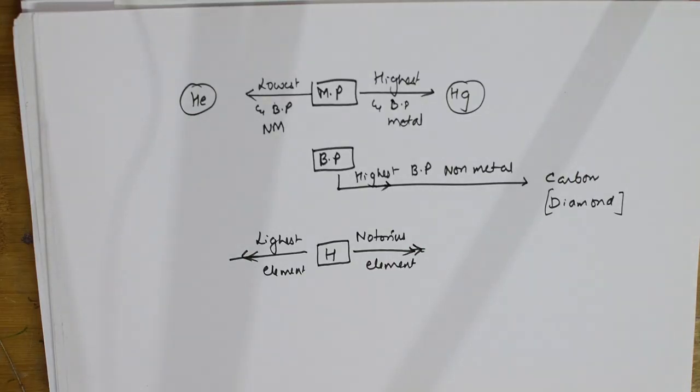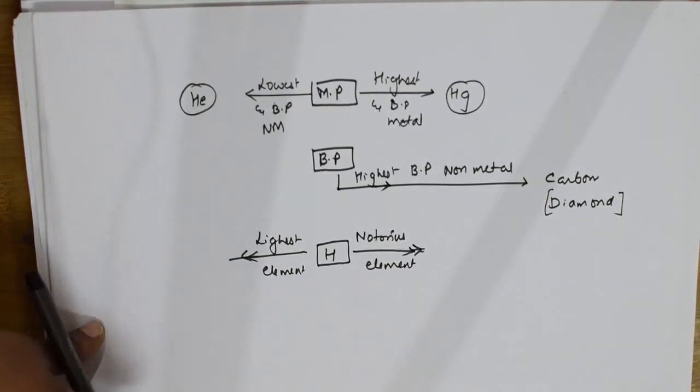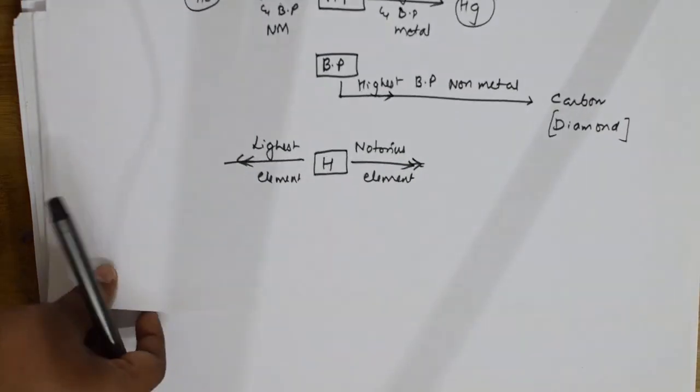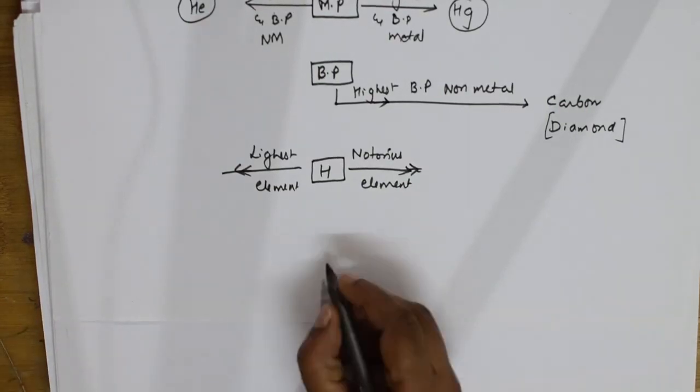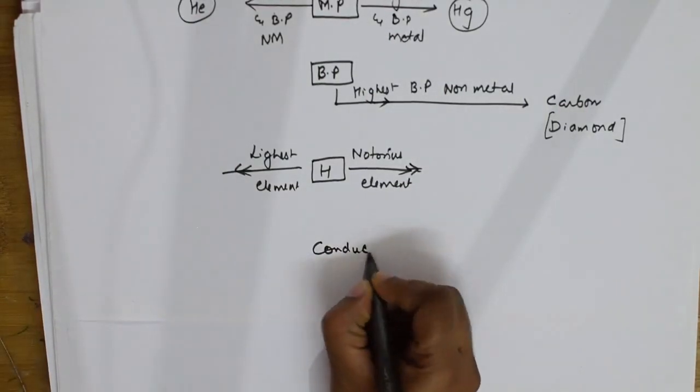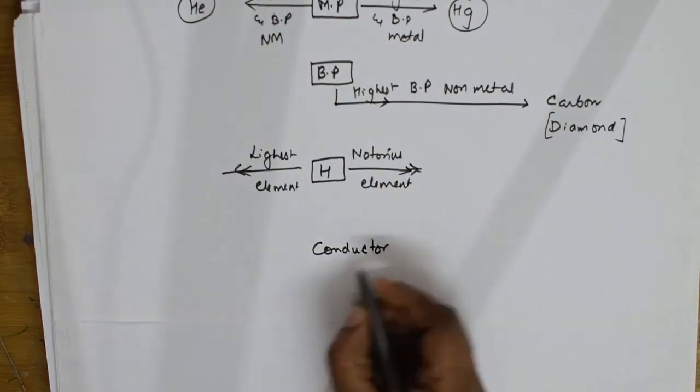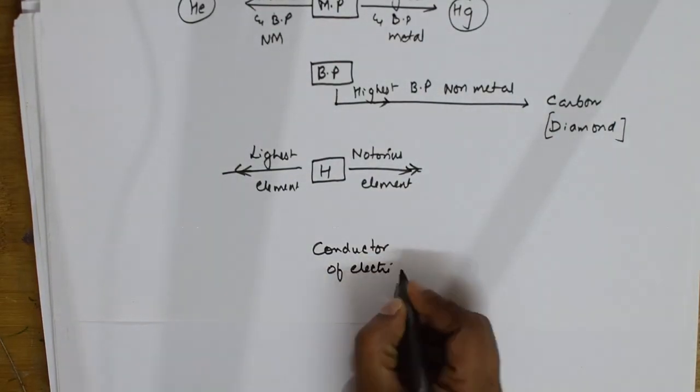What did we learn? We have learned atomic size, electronegativity, electropositivity, electron affinity, melting point, boiling point, and the name given to hydrogen. Now let us speak in terms of conductor of electricity, which allows the electrons to flow.